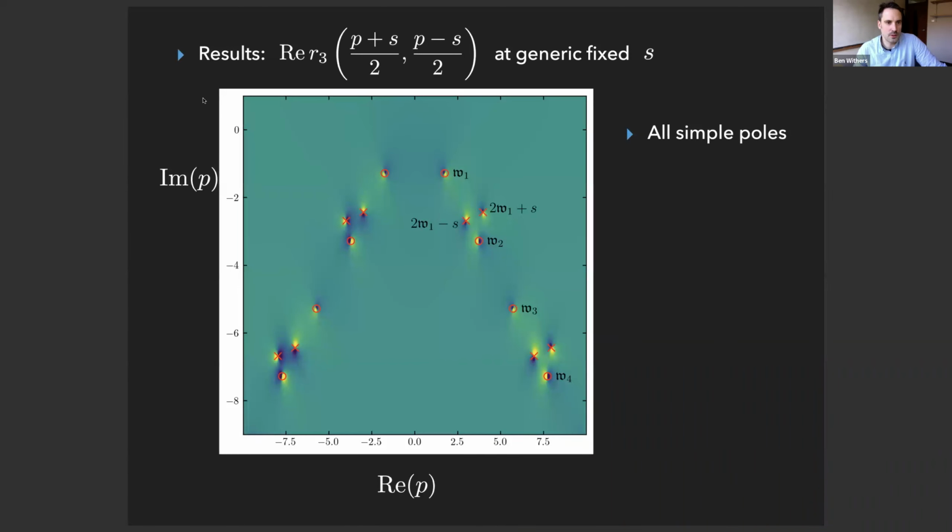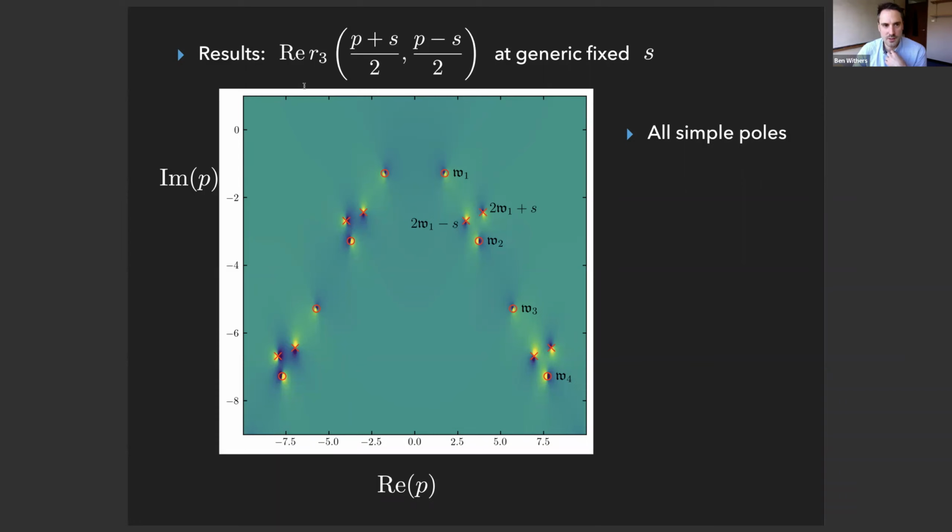So this is what we expect, and this is indeed what we find. Let me show you these numerical results for these 3-point functions. What I'm plotting here is the real part of the momentum space 3-point function. It's a function of 2 momenta, P1 and P2, and I've replaced those by an average and a difference. P corresponds to the total momentum running through the diagram, so P is P1 plus P2. And S is the difference between the momenta in the incoming legs. If S is 0, then both momenta are the same, and if S is non-zero, I've just made them asymmetric.